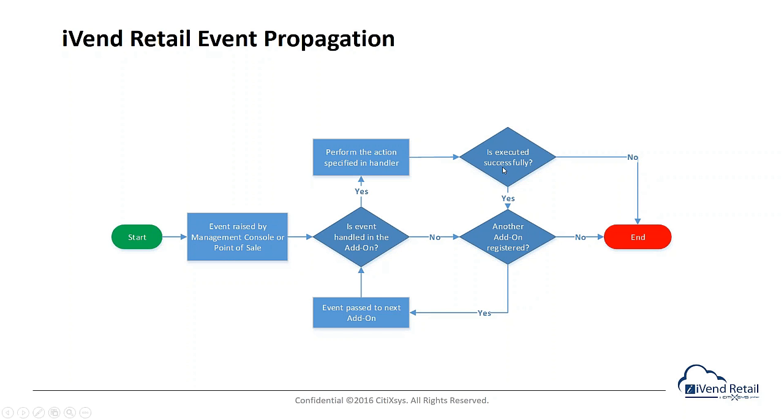If it is executed successfully, it goes back to check if there is any other add-on also asking for the same event. Then this cycle continues. Otherwise, if there is no further add-on left to execute the same event, it goes to end. So this is how event propagation works in the iVend retail application.